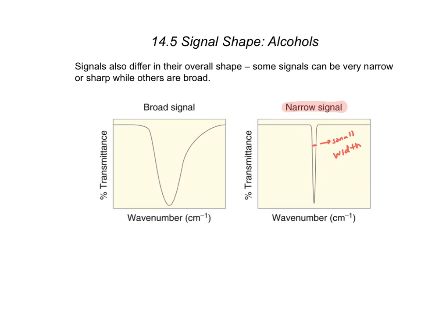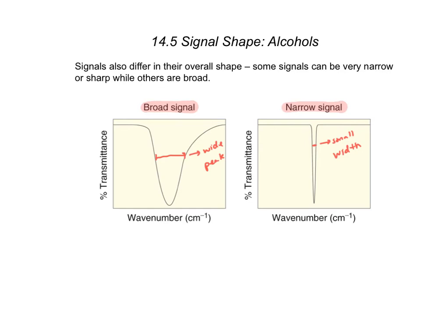The converse to that is what we call a broad signal. A broad signal is not going to have this nice small width. Instead, we're going to get this very wide peak overall.